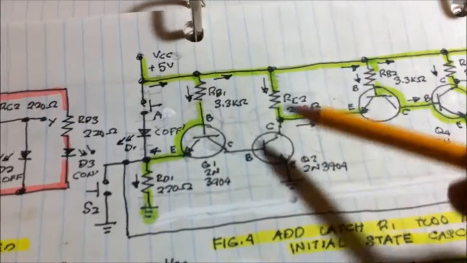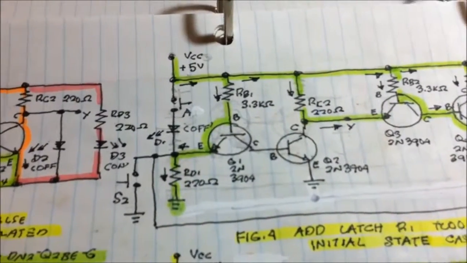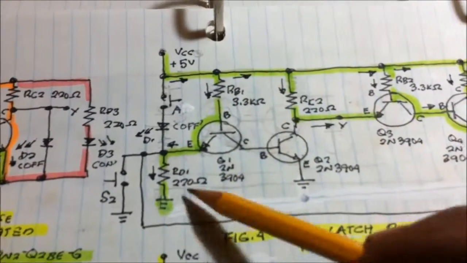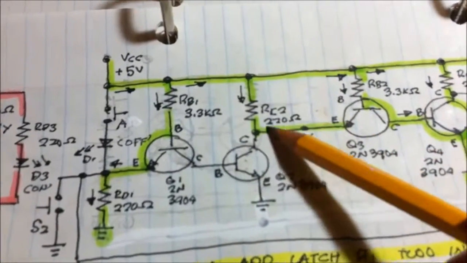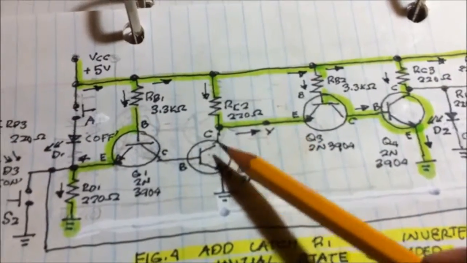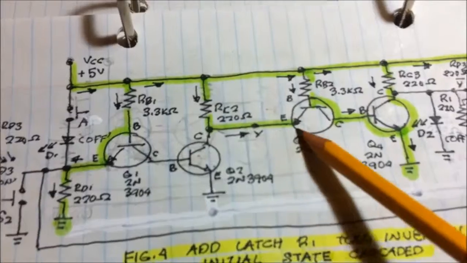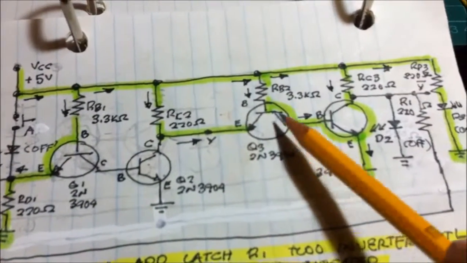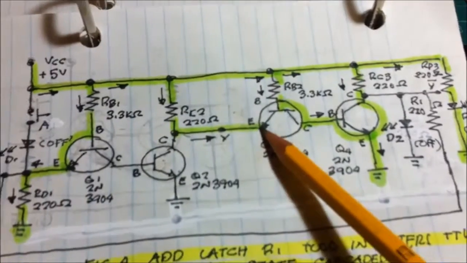Since this is cut off, and this line is grounded, we have a 0 logic here, making the current flow into the RC2, which is now the output of the first inverter. Now we have here the input of the second inverter. Did you see this? The emitter side.